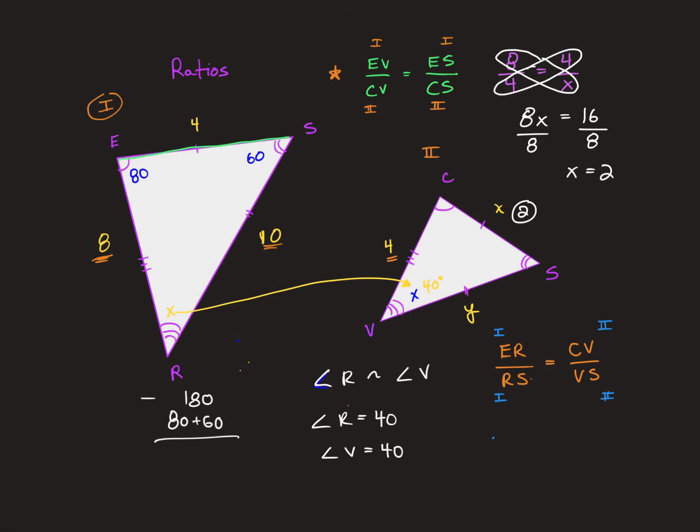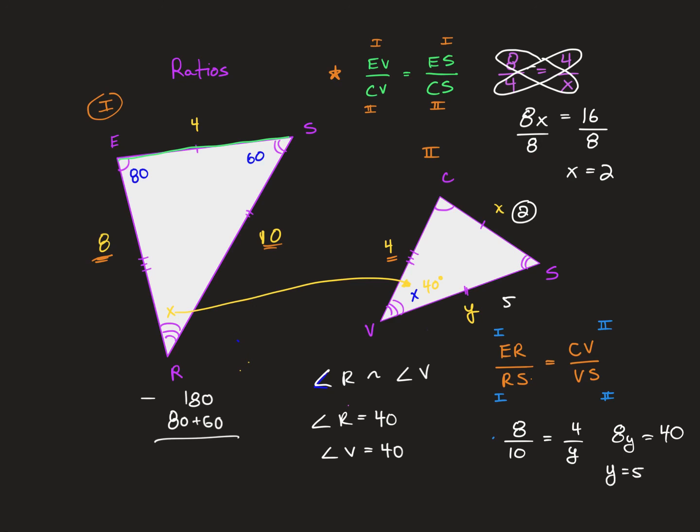Just things are proportionate, so be careful if you see other proportions getting set up. And then we could just simply say, well, ER is 8 over 10, which is going to be equal 4 over y. Cross multiply again, 8y is equal to 40, and then we know y is equal to 5.